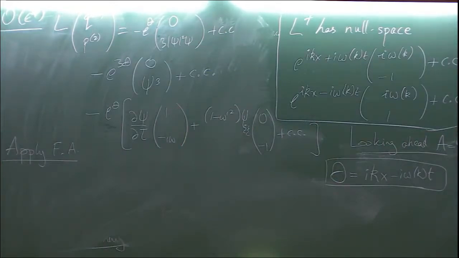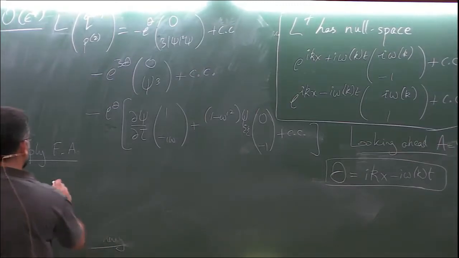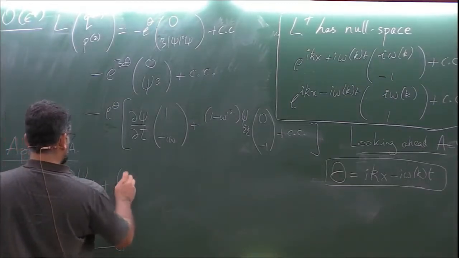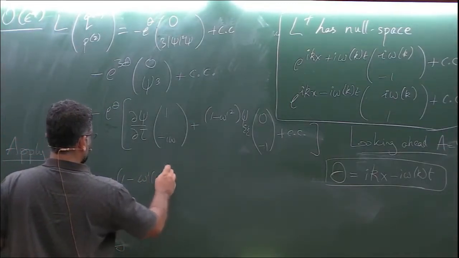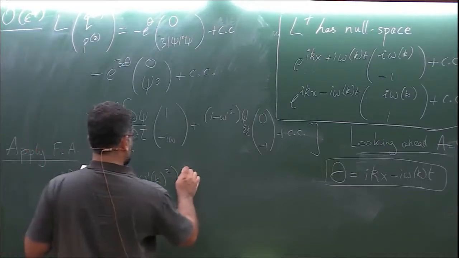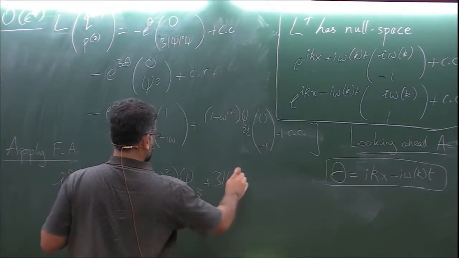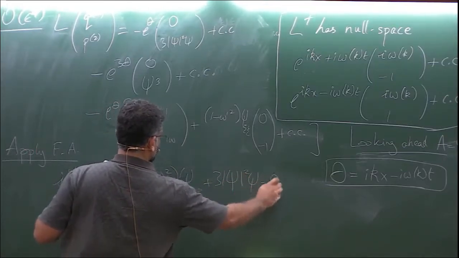Take the inner product, do the integral, pull out everything that depends on slow variables outside the integral. And then you end up with a condition that something should equal 0, a scalar condition. And the scalar condition turns out to be this.